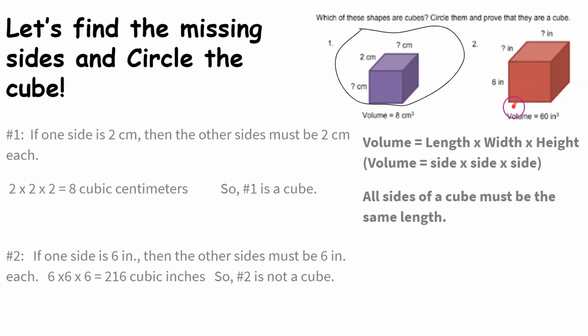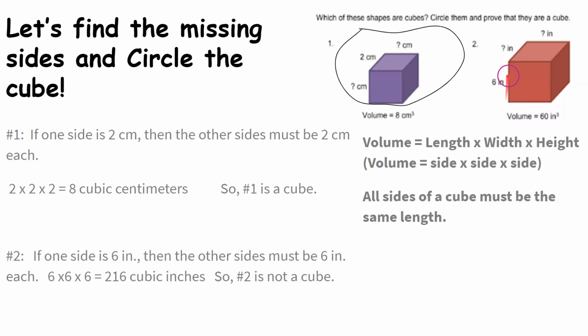Now that we know the difference between the volume for the purple figure and the volume for the red figure, we could tell that the purple figure is a cube because all the sides are congruent, or they are all the same.